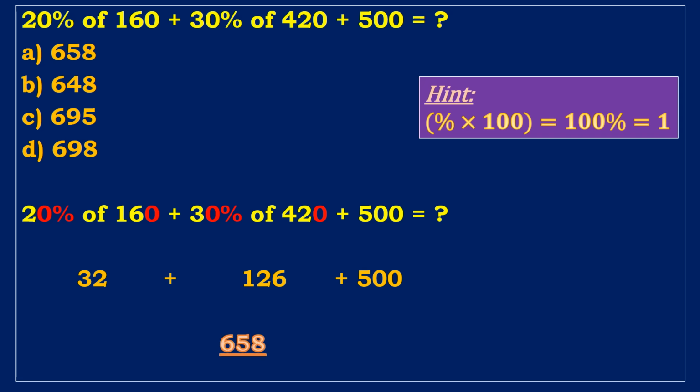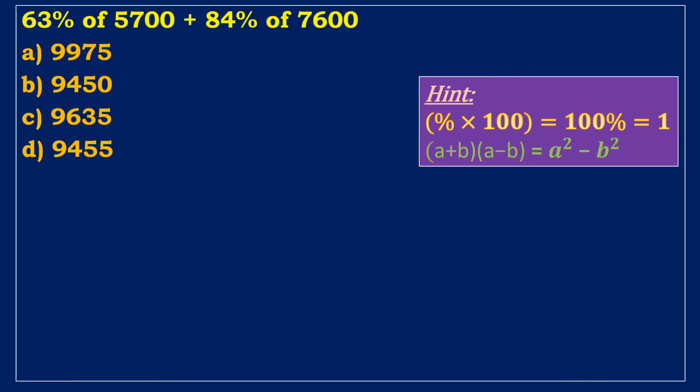Let's look at the third example to understand this simplification concept by ignoring percentages and two zeros. Simplify the equation 63% of 5,700 plus 84% of 7,600. If a percentage and 100 appear in the calculation, simply ignore the percentage and two zeros.